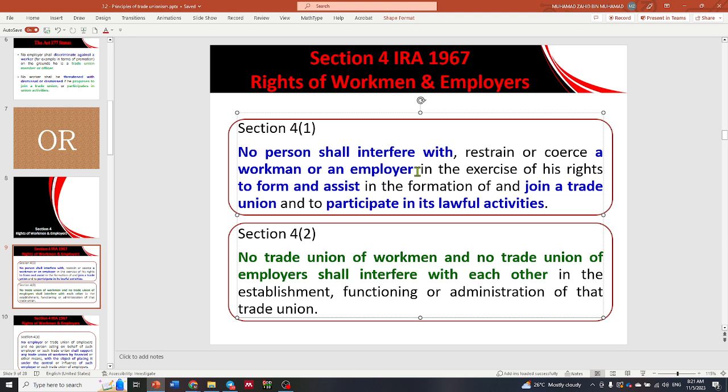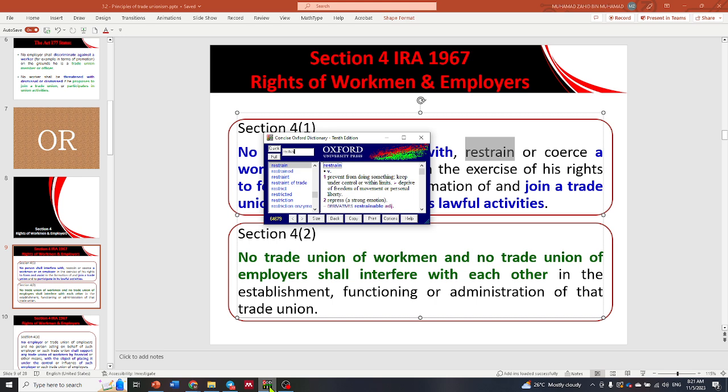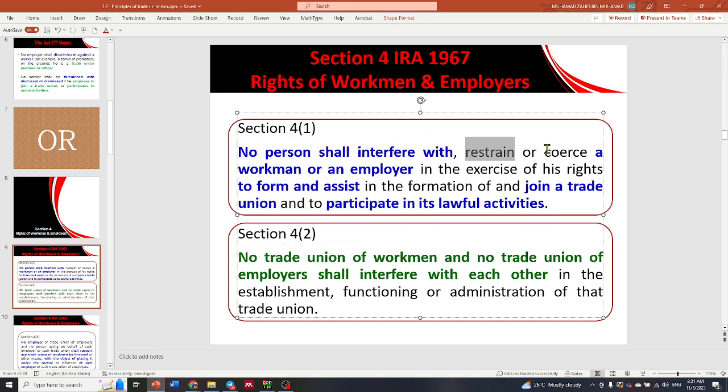Semua faham gaya ni? No person shall interfere with, restrain or coerce. Restrain, you tahu apa maksud restrain? Halang. Halang, very good. Okay, coerce. Coerce, anyone? Tak tahu.